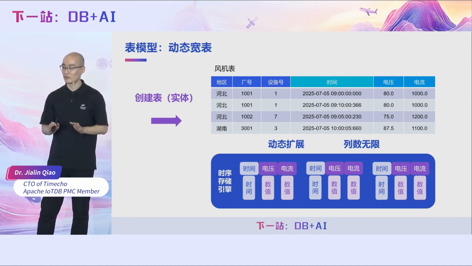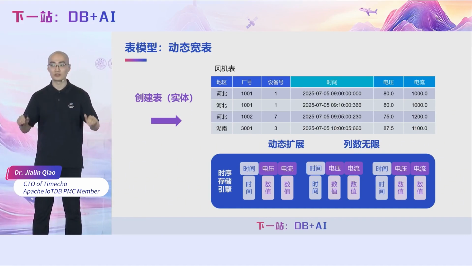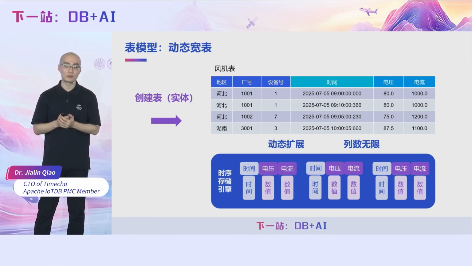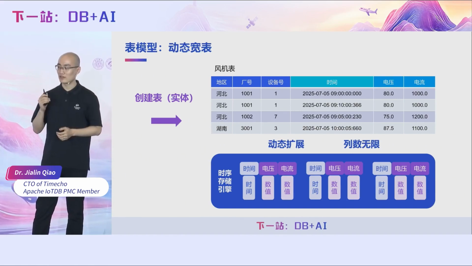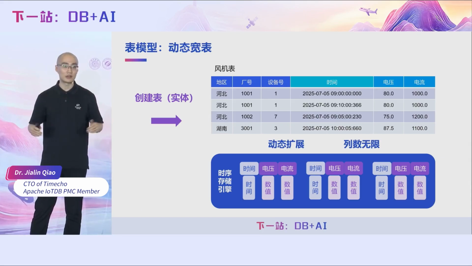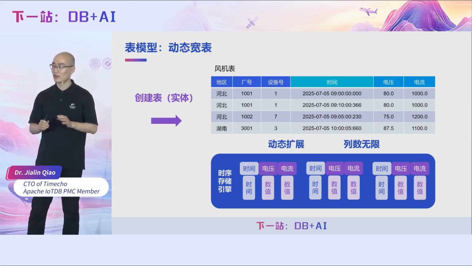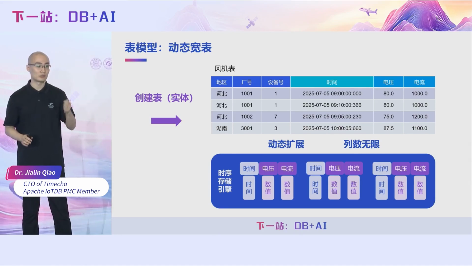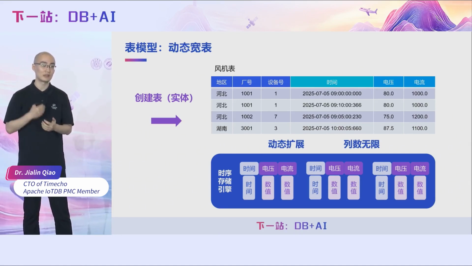At this point, we leverage the capabilities of IoTDB's underlying storage engine. This allows flexible data storage based on our original time series model engine. Thus, we've implemented the dynamic wide table feature. This table has the same flexibility as the time series model. When collecting data, we might not know how many measurement points our devices have, and new points can be added anytime.